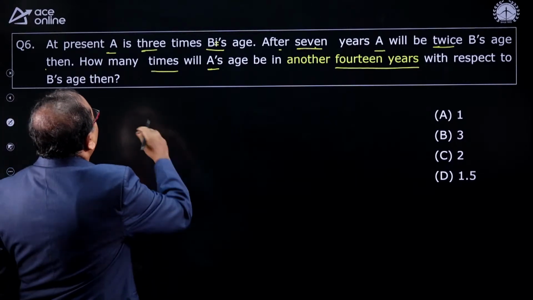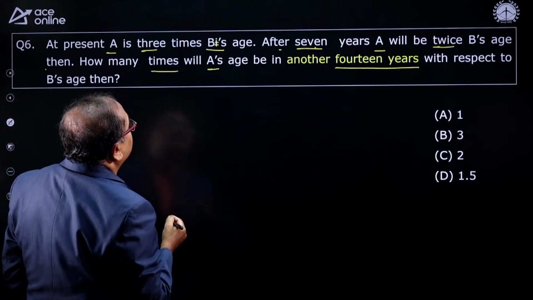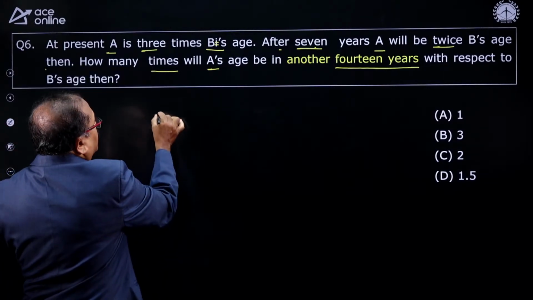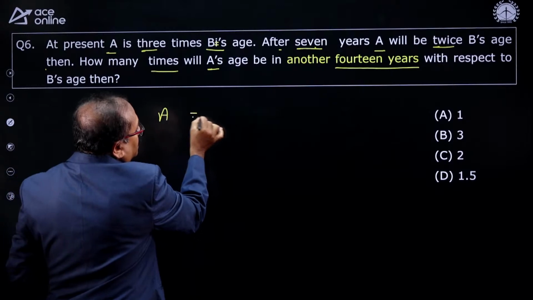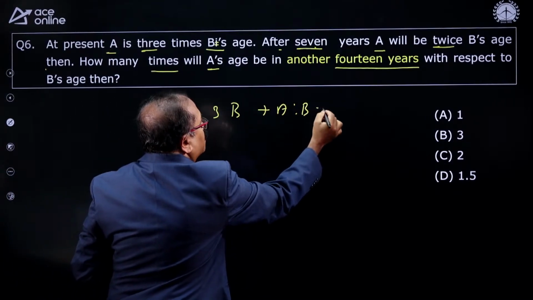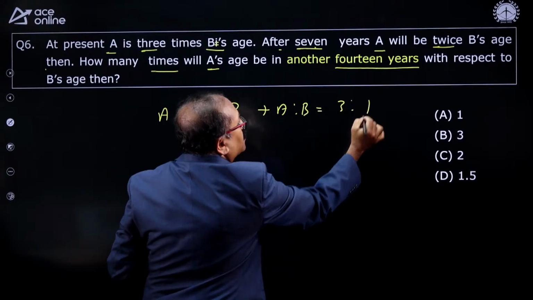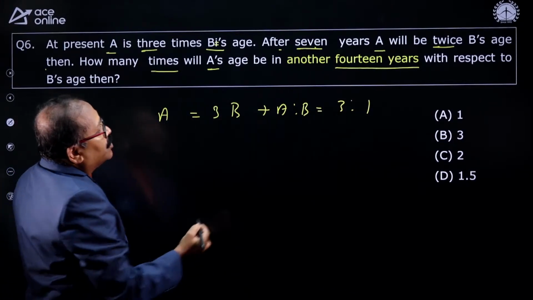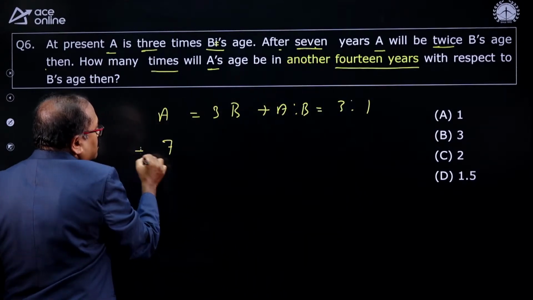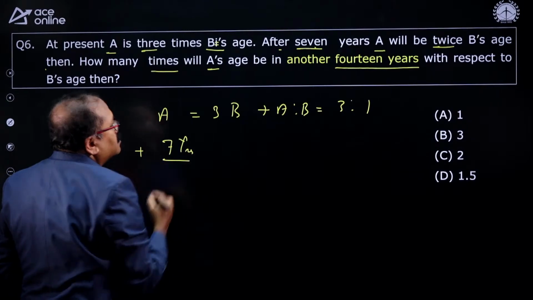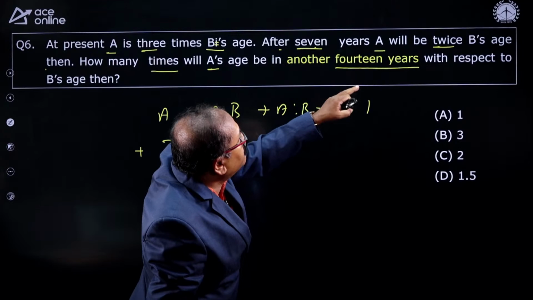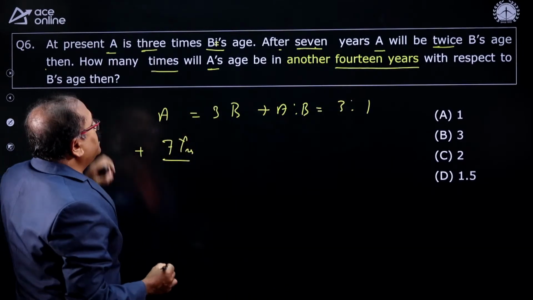Now I notice A is 3 times that of B. So I will write down here A is equal to 3 times B. In other words, A is to B is equal to 3 is to 1. The ratio is given. Now it says that after 7 years, A will be twice B's age.